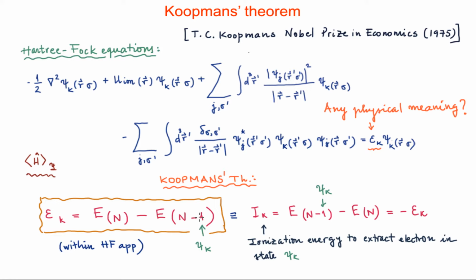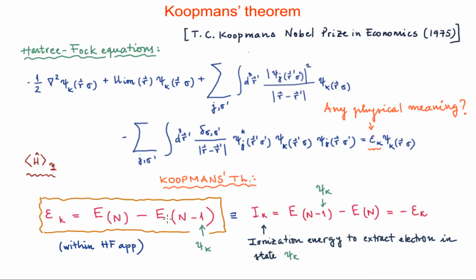In principle, you should solve the Hartree-Fock equations again from the starting point, considering the Slater determinant for n-1 electrons, minimize the system again, and get new wave functions.